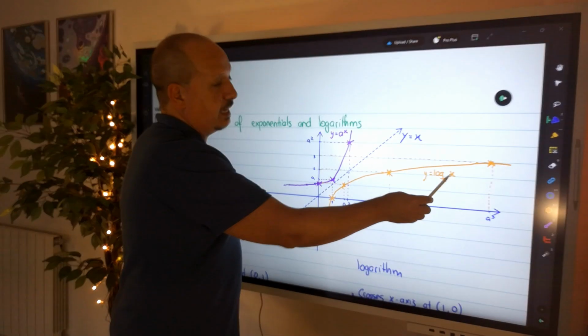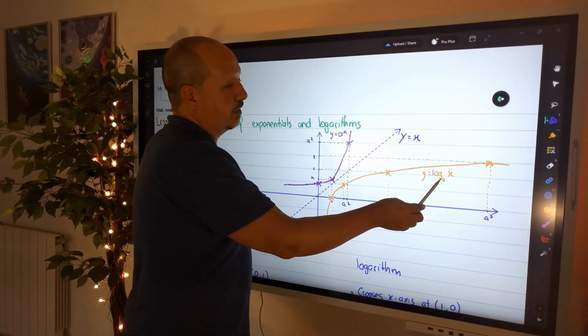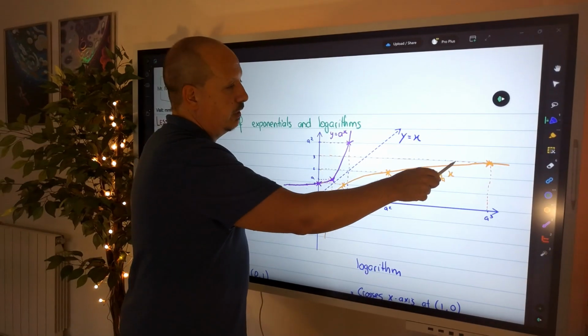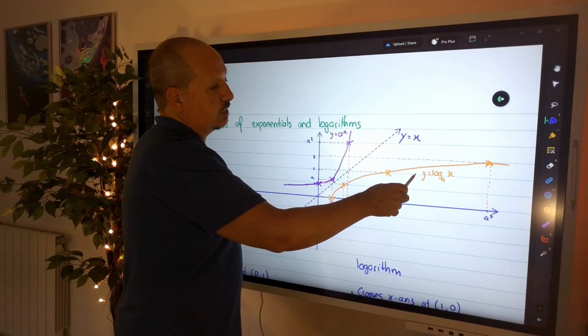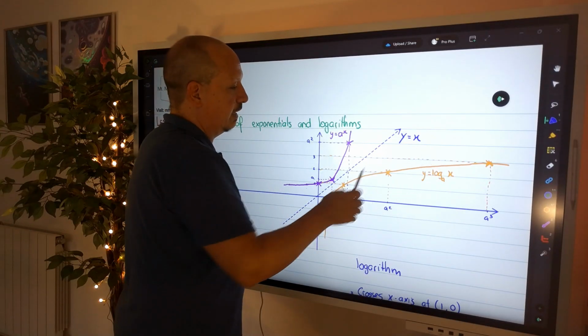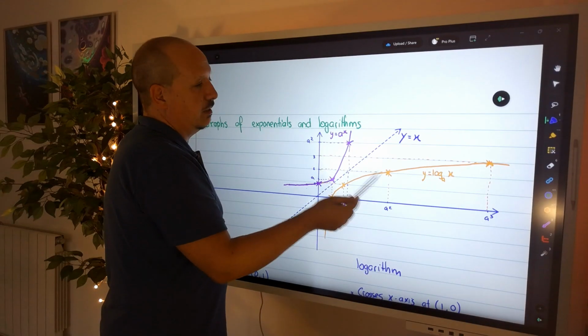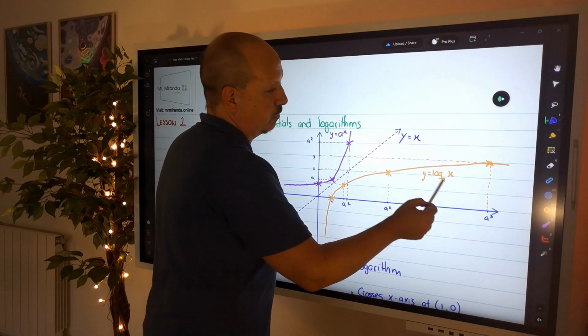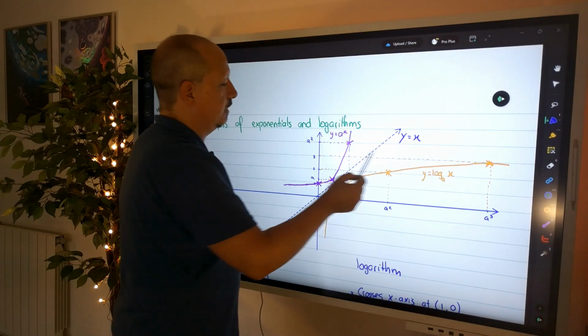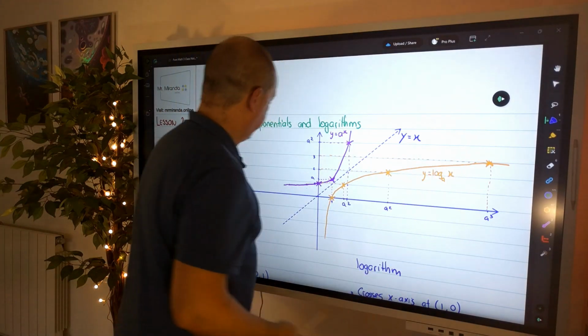If you substitute x by a squared, you have logarithm base a of a squared. Applying the rule that you learned before, the square goes out and multiplies by logarithm base a of a, which is 1. So you'll have just 2. Doing the same with a to the power of 3, when x equals a to the power of 3, the value is 3, etc.